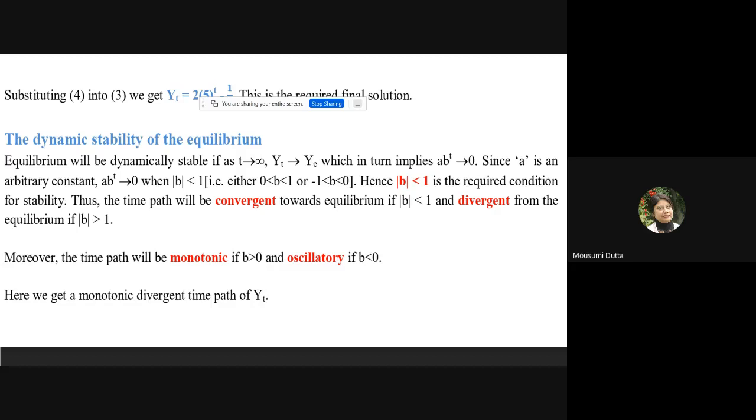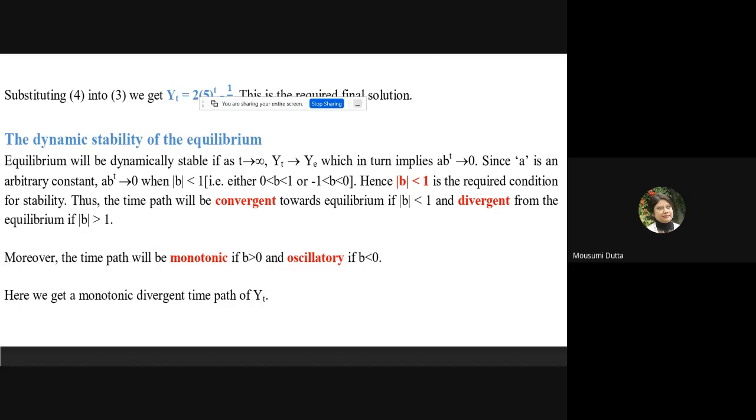Okay. So once we derive the time path, the next question is, what is the nature of the time path? This question has two subparts. First, whether starting from off equilibrium, we can move towards equilibrium or not.